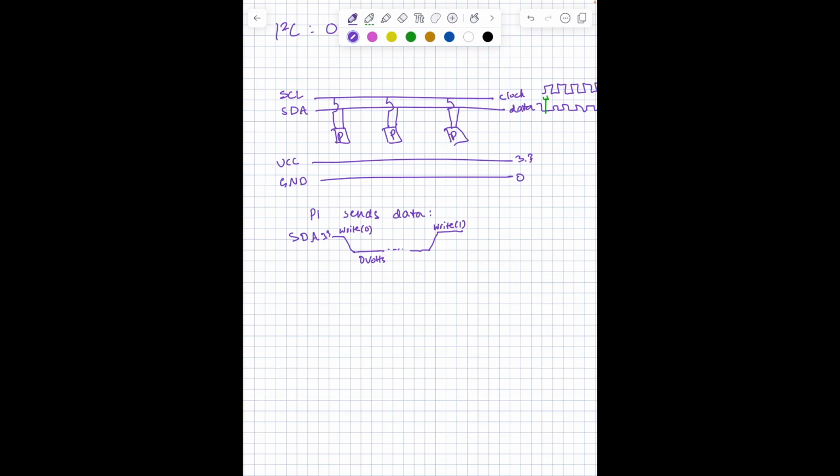Or that might be what it seems like, but this is problematic. You should not be writing 1. When you write 1, that means that if someone else wants to come along, say peripheral 2 sends, so if this is set to 3.3, which is the same as writing 1, and then peripheral 2 comes along and writes 0, which sets it to 0, then the SDA line is shared between everyone. So technically you connect a direct wire between 3.3 volts and ground.